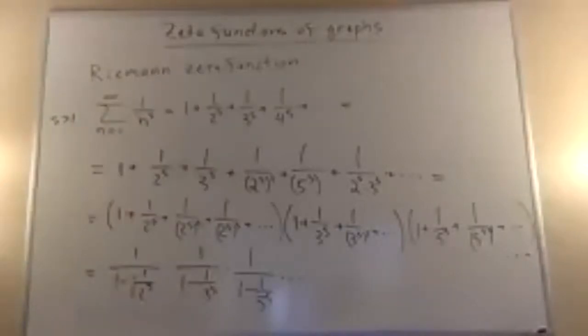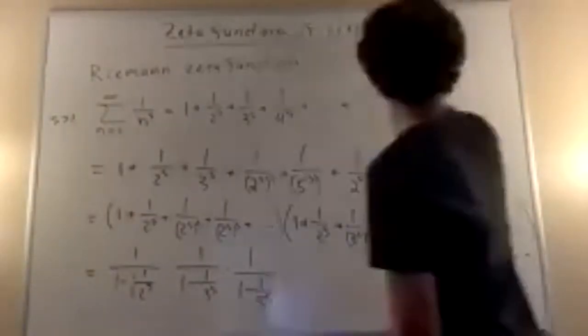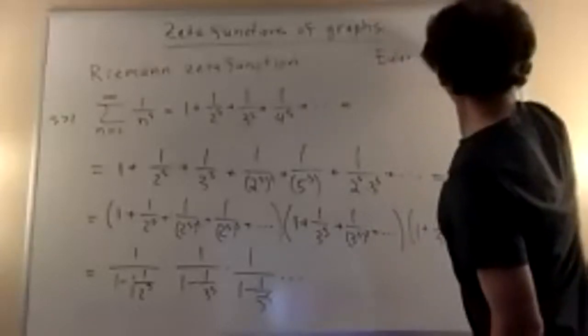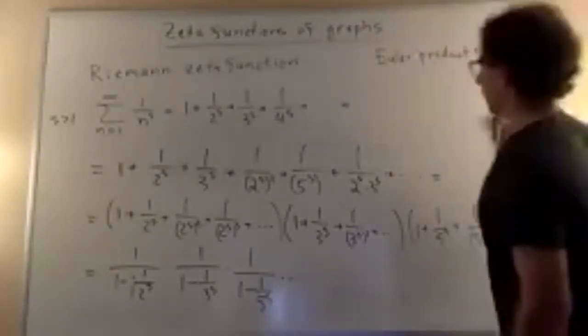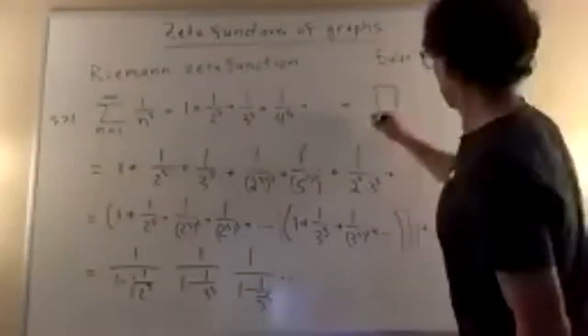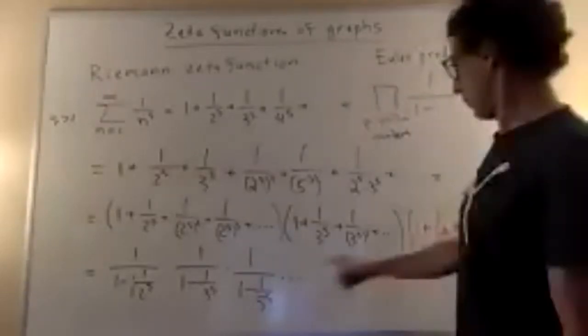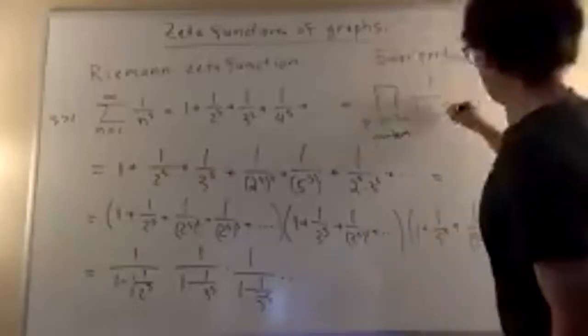And so what the Euler product formula for the Riemann zeta function says is that this infinite sum is actually a product over p, which are now prime numbers, of 1 over 1 minus p to the power of negative s.